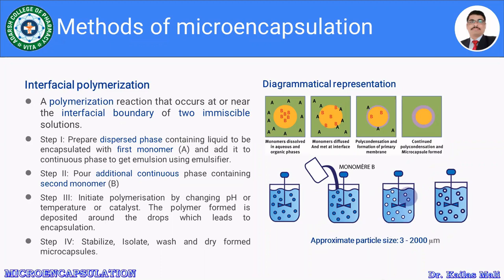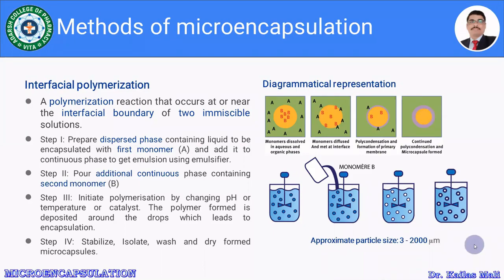There is polycondensation, and the formed polymer gets deposited around the drops, which leads to encapsulation of the droplet, or encapsulation of the core. Furthermore, we stabilize the system, stabilize the polymer, isolate the microcapsules, wash them, and dry them. So this is about interfacial polymerization.